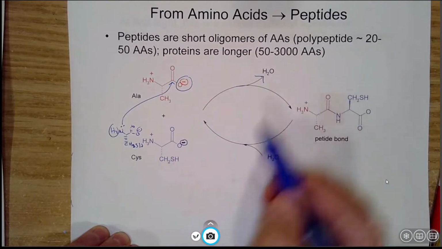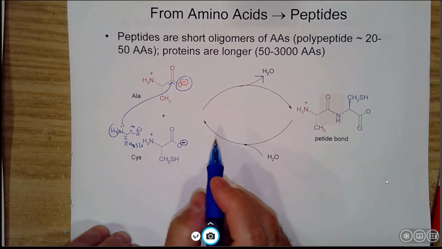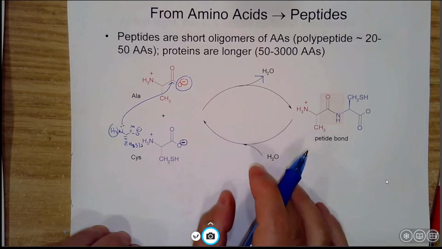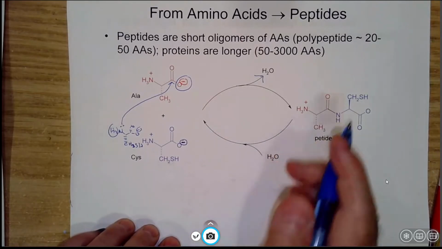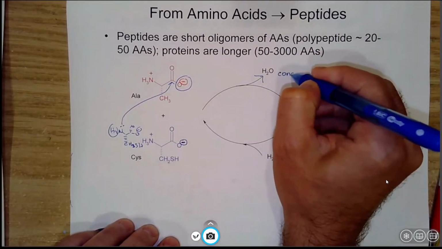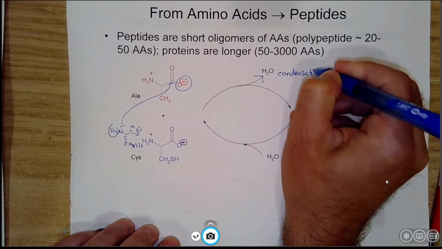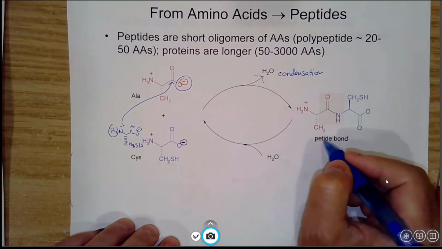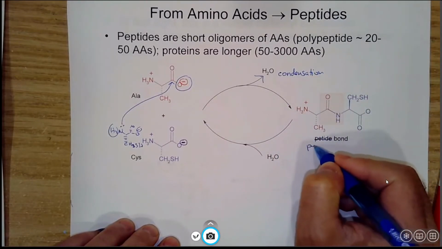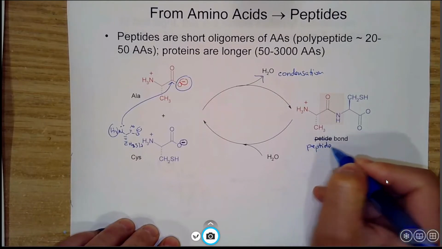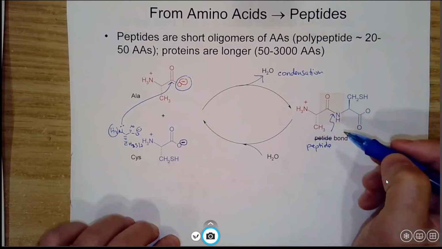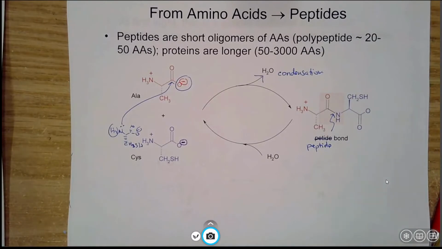So the net effect is that we're going to get loss of water when we bring these two groups together. This is referred to as condensation. And the net effect is that we get a peptide bond. This is your new bond here, also known as an amide bond.